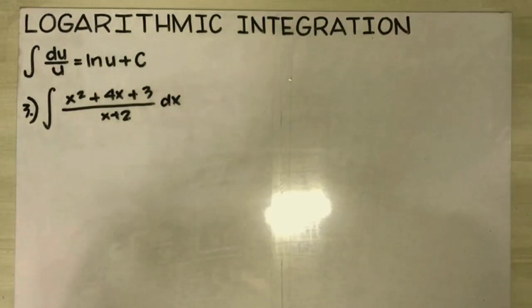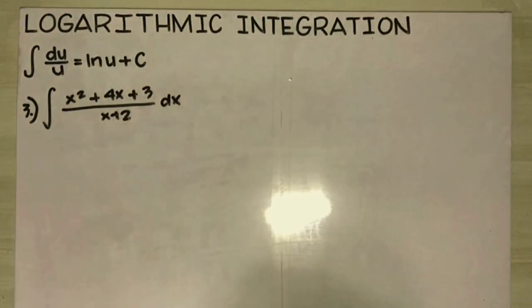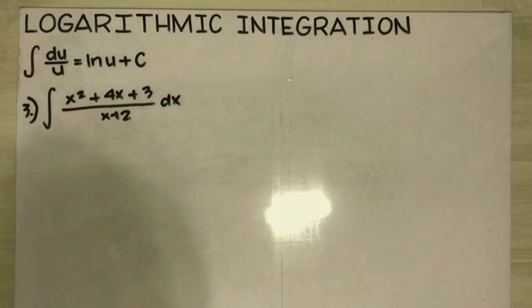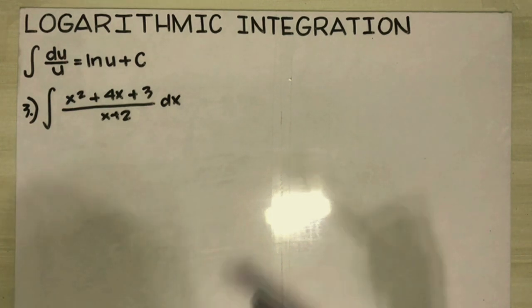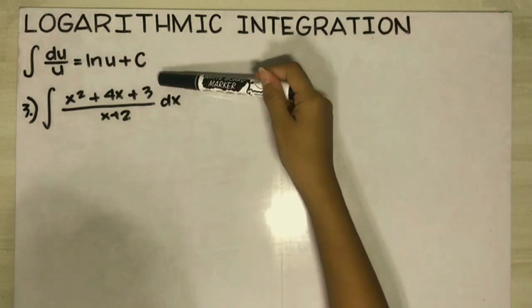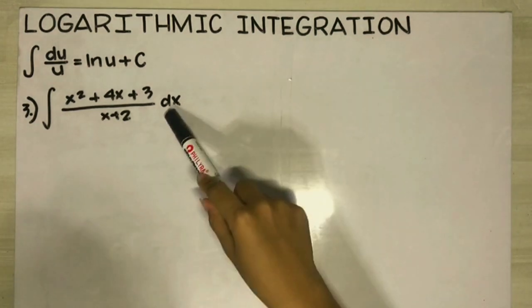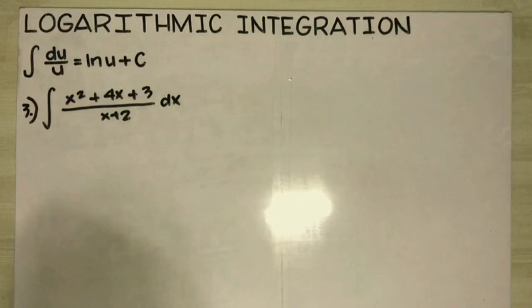Number 3. The integral of x squared plus 4x plus 3 dx all over x plus 2. As we can observe, the numerator is of greater degree than the denominator. So in this case, we can use long division first before we integrate, because we don't have a direct formula for this.